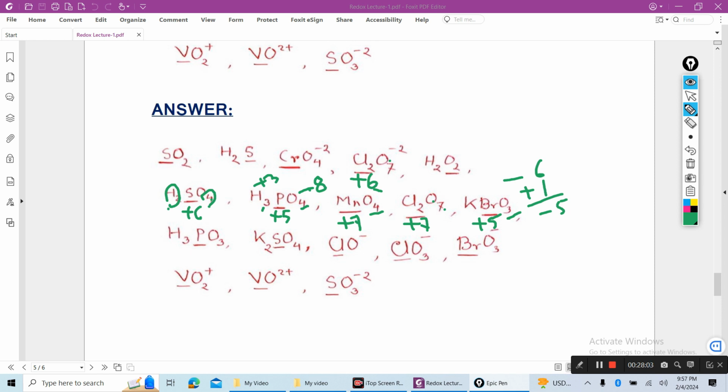Here oxygen minus 6, 3 hydrogen plus 3, phosphorus acid, so phosphorus will be positive 3.